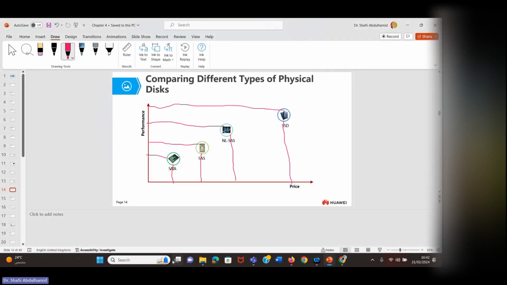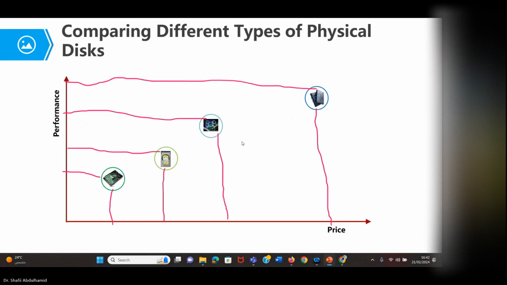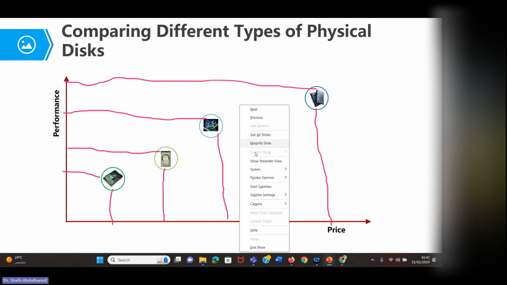If I remove the slideshow, yes, I can use the pen. I'm trying to figure out how it's done. Let me see, right click and then marker, I think. You can do it inside the slide. And then marker, maybe.